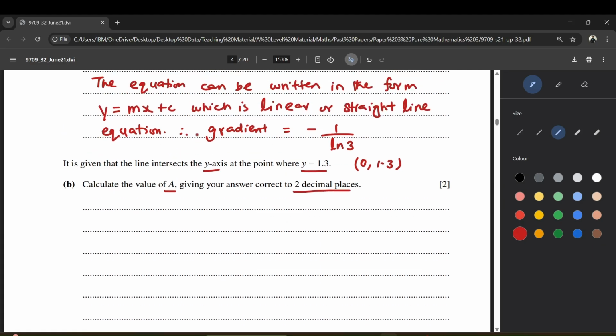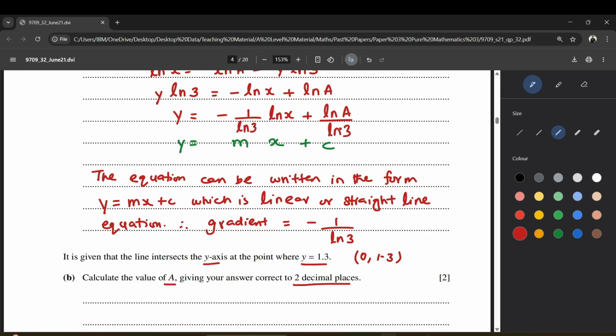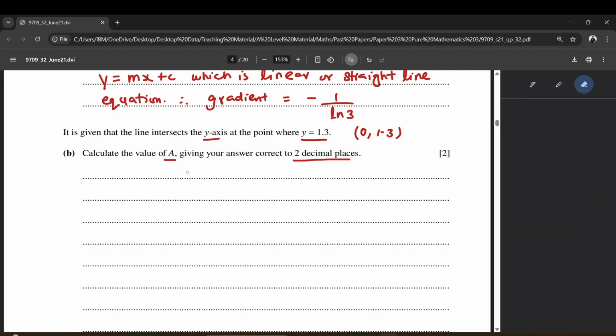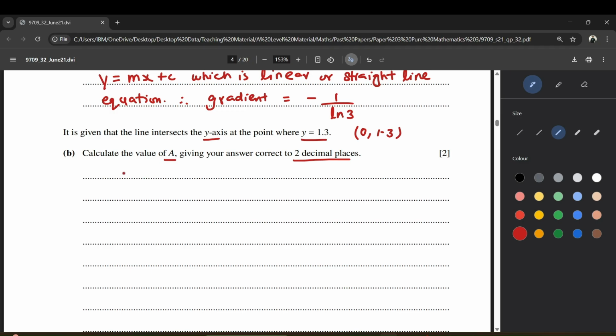Okay, what was a? a was part of the y-intercept. So they have given you the y-intercept, right? So all you have to do is equate ln a upon ln 3 to c. So first of all, I'm going to say that c is equal to 1.3. Or let me just write it as y-intercept equals 1.3, because for c we also have the constant of integration.